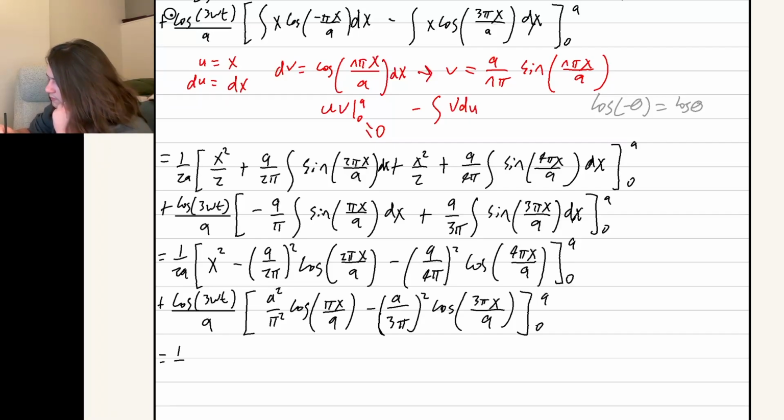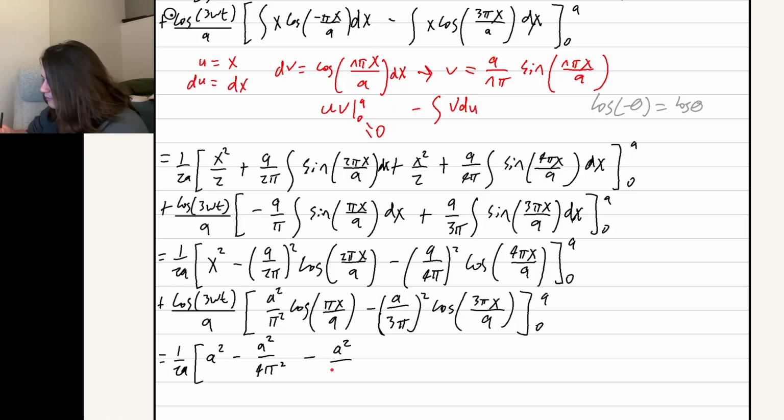So we got 1 over 2a, we got a squared, we got minus a squared over 4 pi squared. Cosine of 2 pi is 1, so that looks good. We got a squared over 16 pi squared. Cosine of 4 pi is 1.